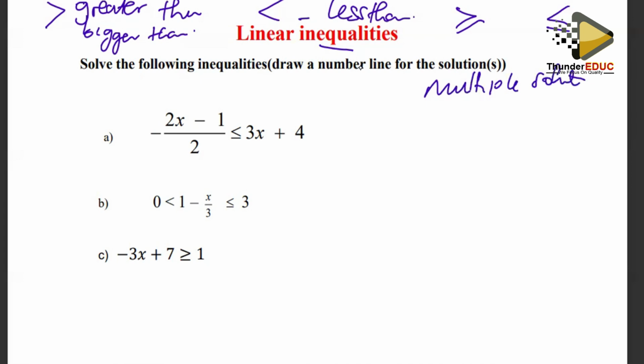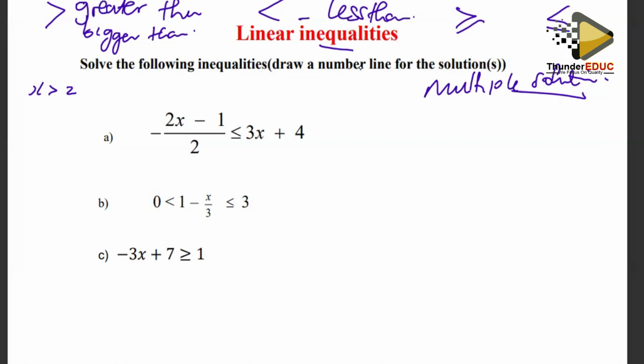We have a number of answers that we cannot write down unless the question tells us to do that. With the linear equations, we only get one answer. X is equal to this, Y is equal to that. In this case, we're going to say X is greater than maybe 2. So all numbers that are greater than 2 are possible solutions for this particular expression or equation, okay?